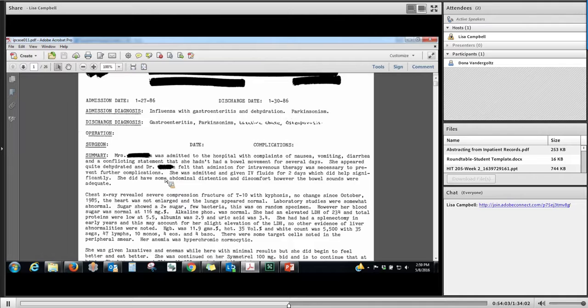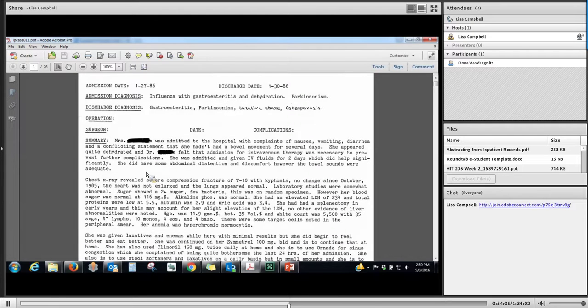So this particular discharge summary starts off with the doctor saying that the patient has influenza with gastroenteritis and dehydration. They also have Parkinson's disease.